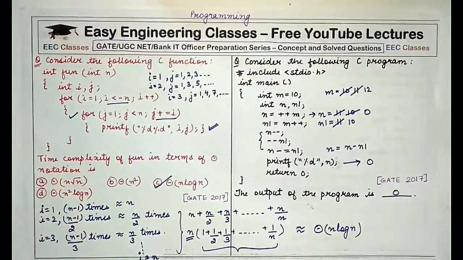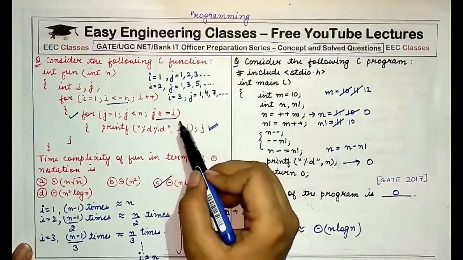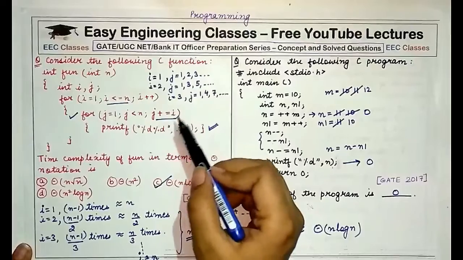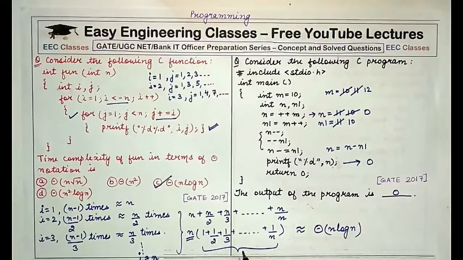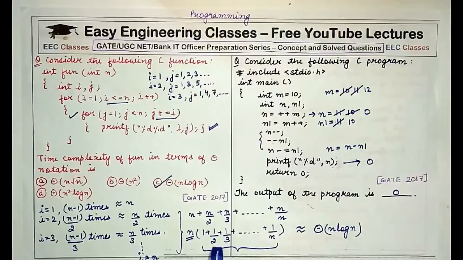The main thing that you have to remember in such questions is how many times each loop is iterating, or how many times it is running. And in finding the complexity, you need to know major round-off values or upper bounds on some series. Like one of the important series was this one, so it always has a runtime of around log n. So it becomes theta of n log n.